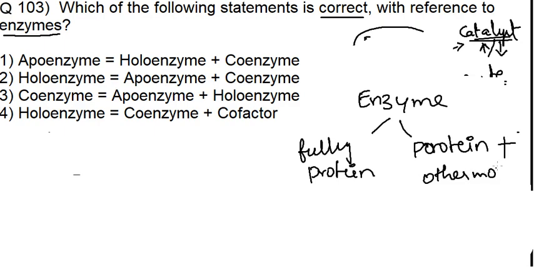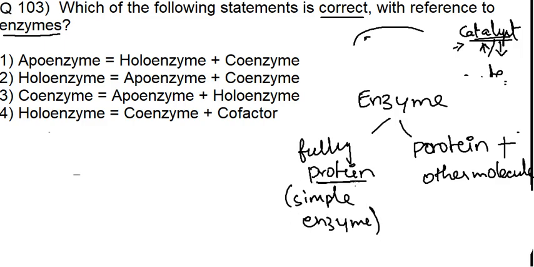The other molecule can be anything, a vitamin, a metallic ion, but it is not protein. An enzyme that is fully made up of protein is known as a simple enzyme. It is fully made up of amino acids, since protein is made up of amino acids.